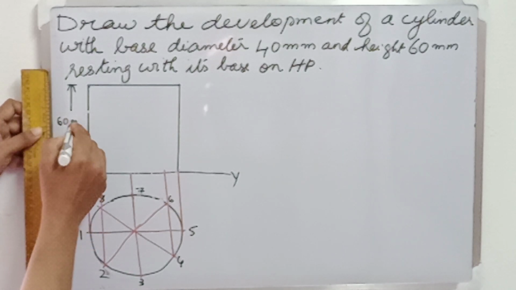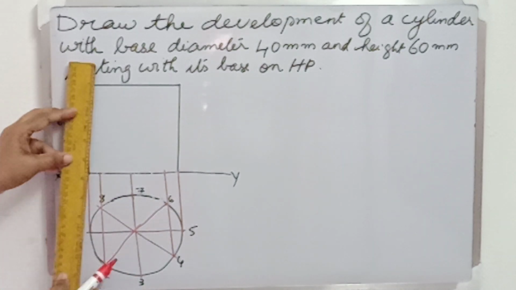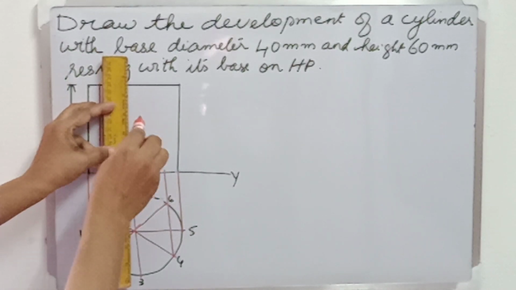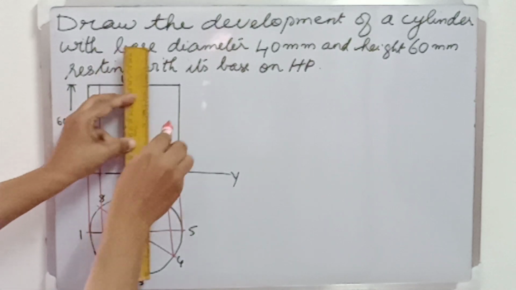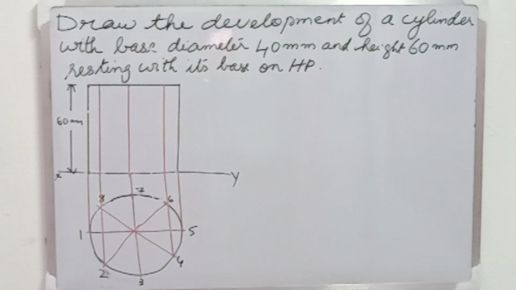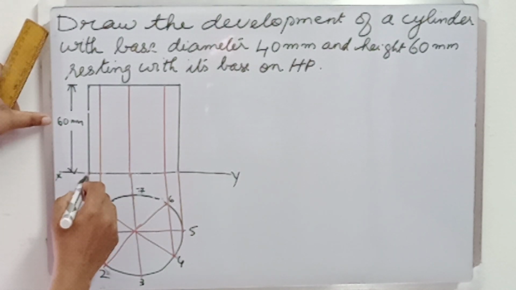As the cylinder has only a single curved surface, it will not have lateral edges, but there will be generators, which are basically vertical lines from the important points on the base to the important points on the top face.